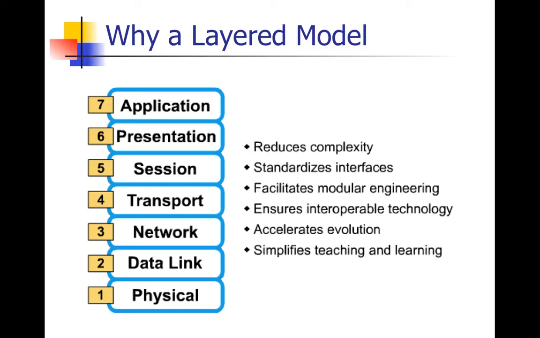So you can modularize things, and it's easy to pass data back and forth. As you can see, I won't read what it says. You want to have standardized interfaces, so if we have some new technologies we want to incorporate, you're able to plug and play within there. And it's easier to learn as well.